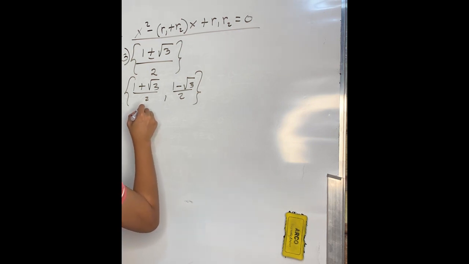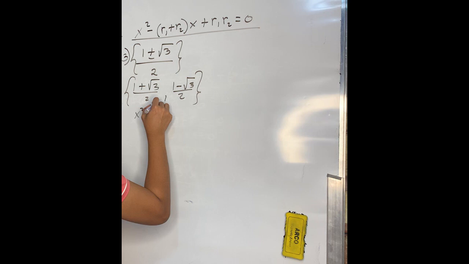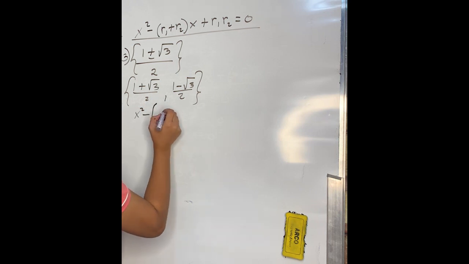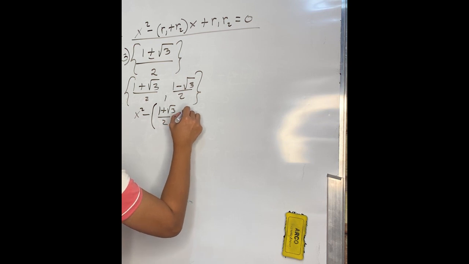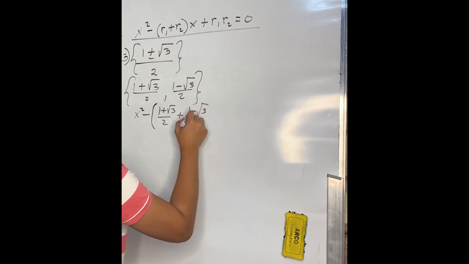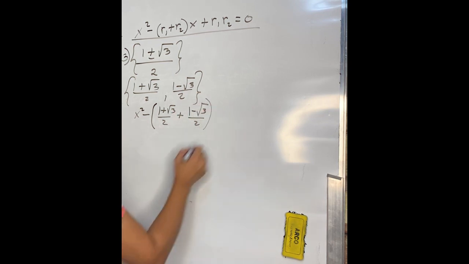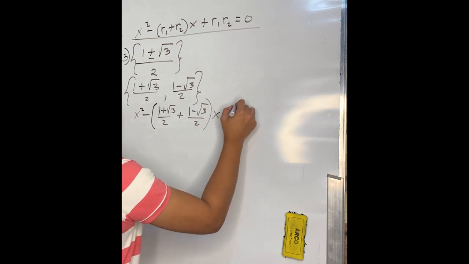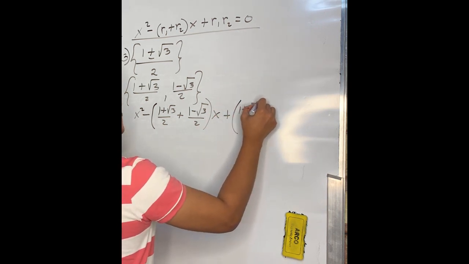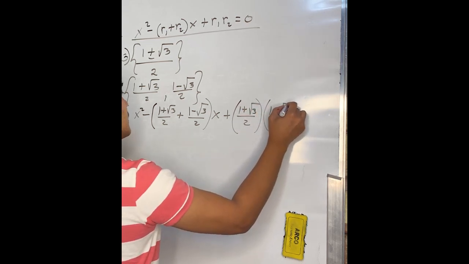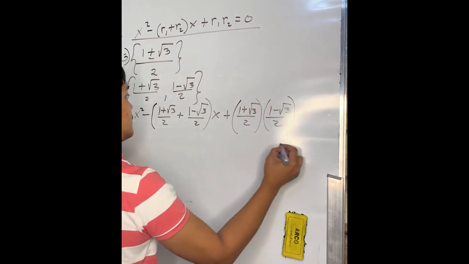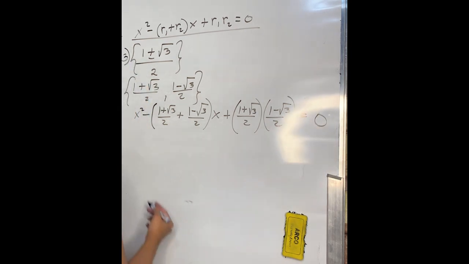So x squared minus the first root, which is 1 plus the square root of 3 over 2, plus 1 minus the square root of 3 over 2, x plus 1 plus the square root of 3 over 2 times 1 minus the square root of 3 over 2 is equal to 0.